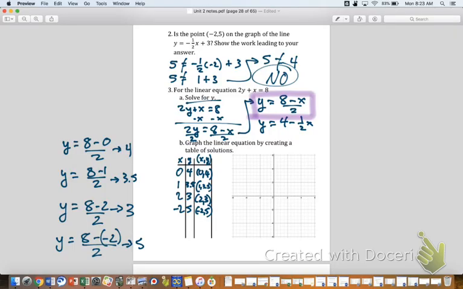So 0, 4 would be up here. 1 comma 3.5 would actually be right about here. 2 comma 3. Negative 2 comma 5. So I can see that that roughly follows a straight line.